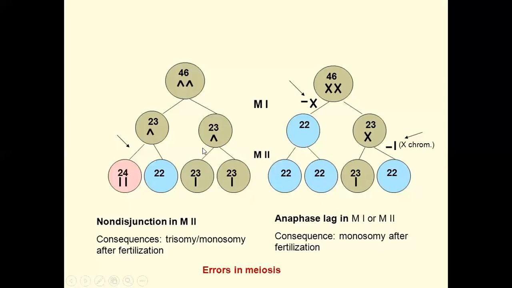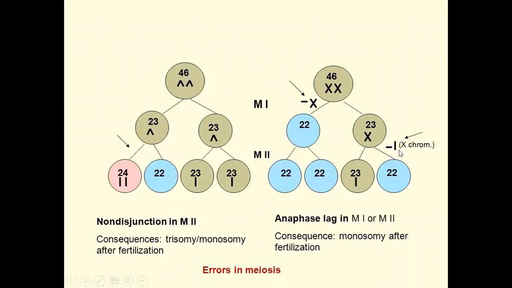So here non-disjunction happens in the meiosis 2 stage. But here 46 divided into 22 and 23, that means at the meiosis 1 stage, non-disjunction, one chromosome is totally missing here, but this one is normal, 23. Again, when dividing in the second meiotic division, 22, 22, and 23 remains 23 in one daughter cell and the other daughter cell contains 22.